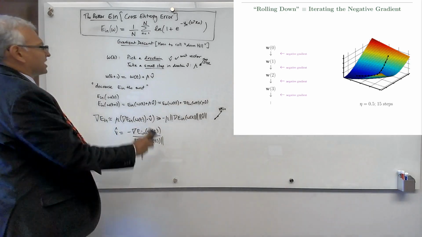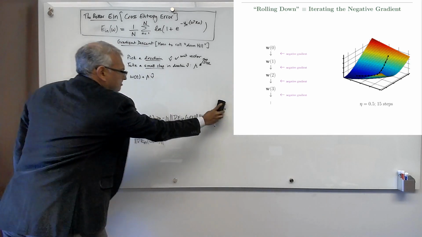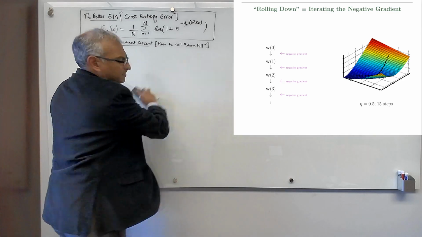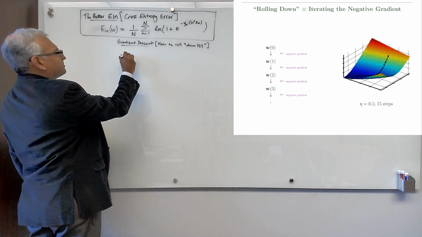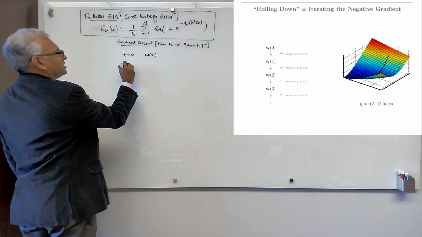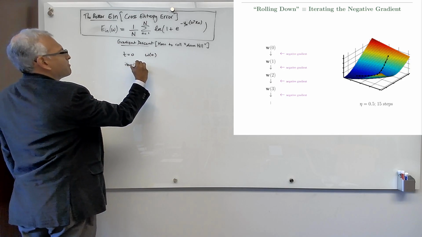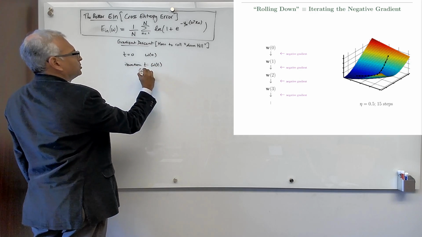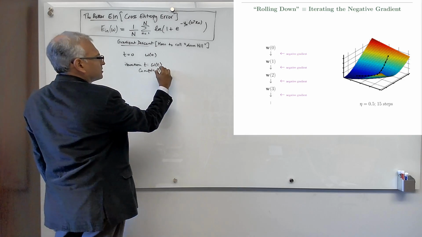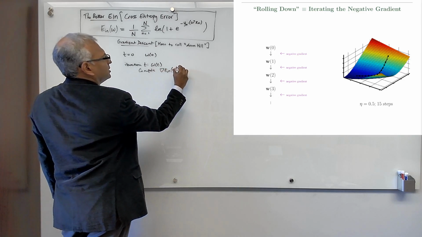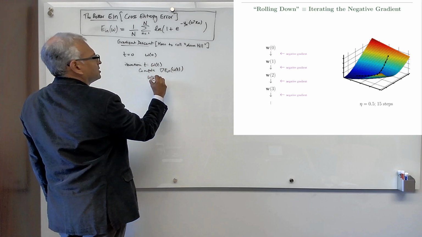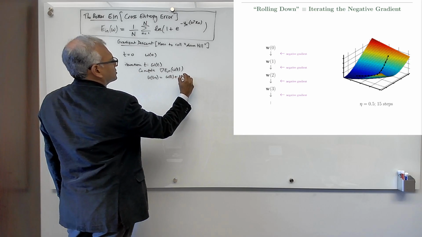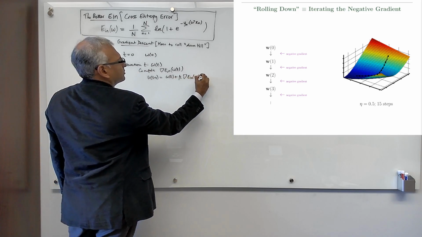Let's summarize that in an algorithm. Imagine that you initialize your weights at iteration t equals 0 to w(0). Now at iteration t, suppose you are at w(t). You compute the gradient of E_in at w(t), and update w(t+1) equal to w(t) plus eta times the gradient of E_in of w(t).